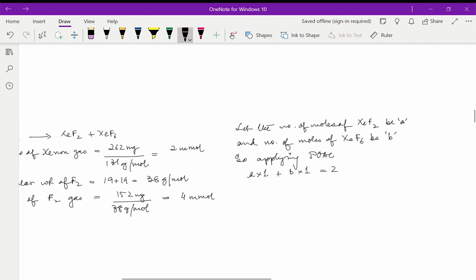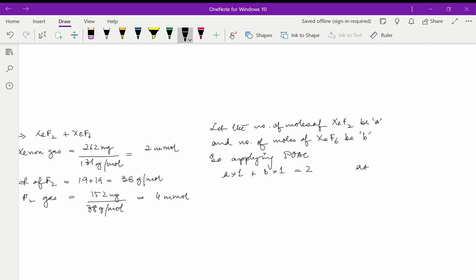That will give us the equation A plus B equal to 2. So this is equation 1. And 2A plus 6B is going to be 8. So that is our equation 2.